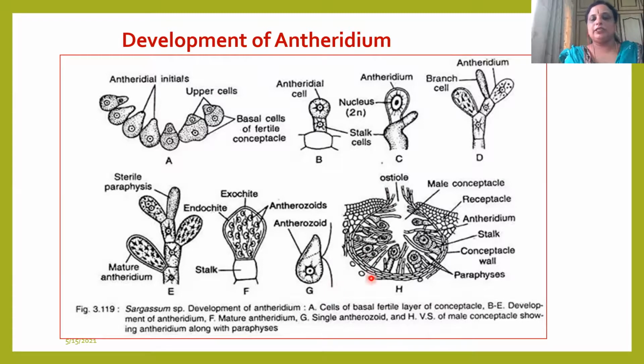If you see the transverse section of this male conceptacle, it is also a flask-like structure, and at the wall of this conceptacle you can find the antheridium, which has two wall layers, exocyte and endocyte. Inside this antheridium you could expect 64 antherozoids, and there are certain sterile hair-like structures called paraphysis, and it has an opening called the ostiole.